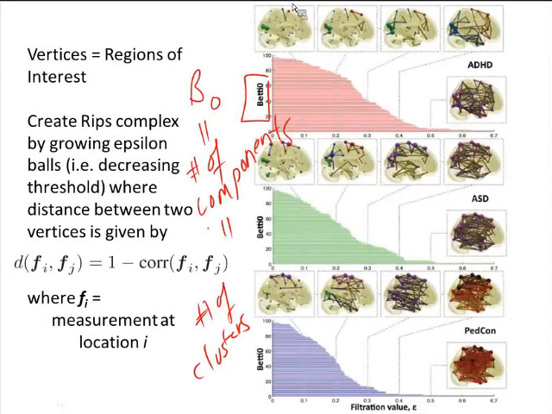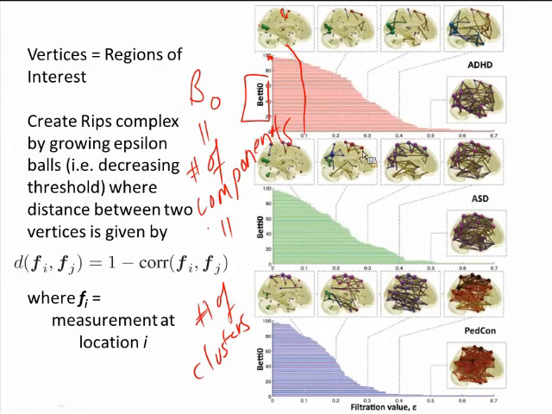We start off with basically nothing connected or very little connected. At 0, our radius is 0, and we have 97 different components because nothing's connected. We move up a little bit, and at this stage right here we see that there are a few edges, and so we've reduced the number of components to maybe 90-something.